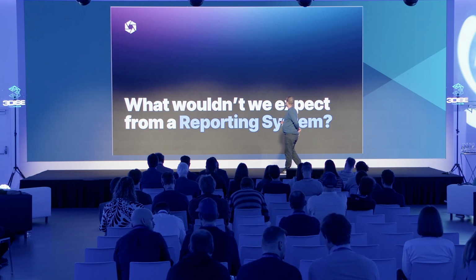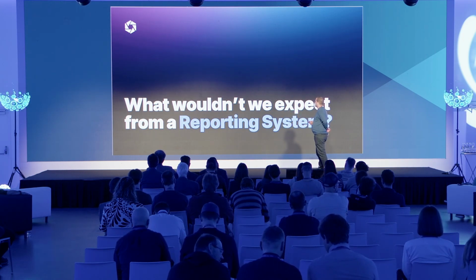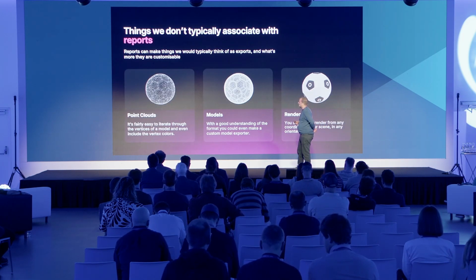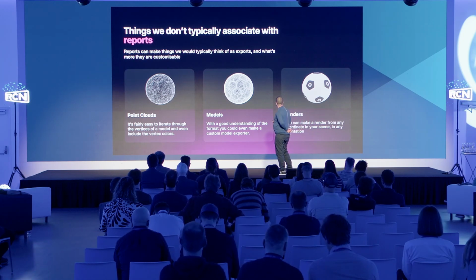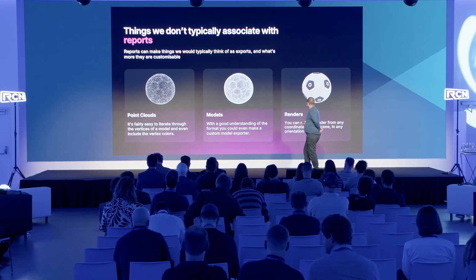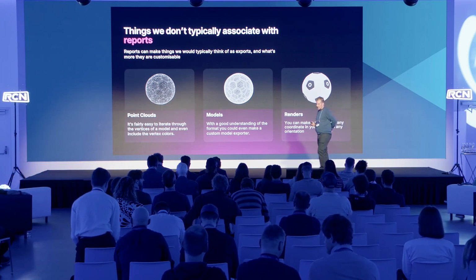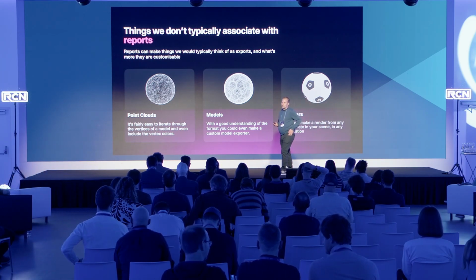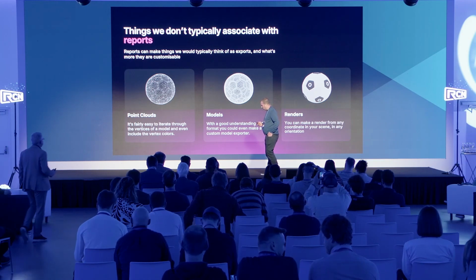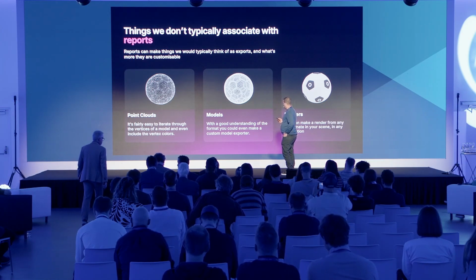So what wouldn't you expect from a reporting system? Well, you can export point clouds, models, and you can render from any camera in your scene. I'm going to go into some other use cases which I think you'll agree are quite powerful, like conditional automation.